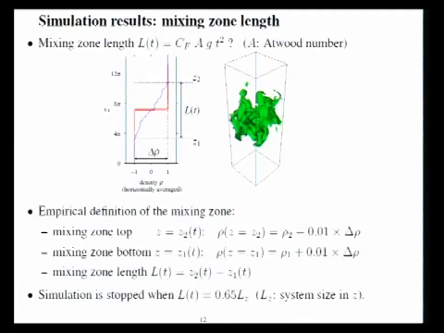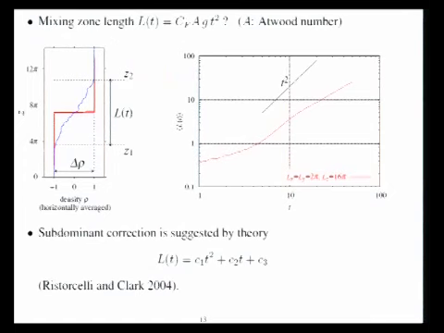The mixing zone bottom is defined the same way: if the density changes just 1% of this density difference, I define that point as the bottom. So the mixing zone length is just the difference between the top and bottom. And then the simulation is stopped at some early time.